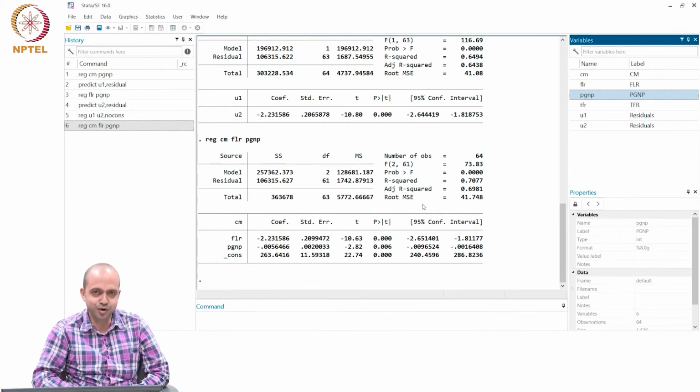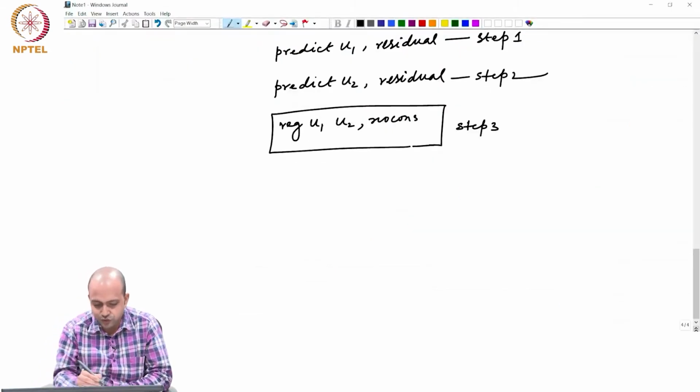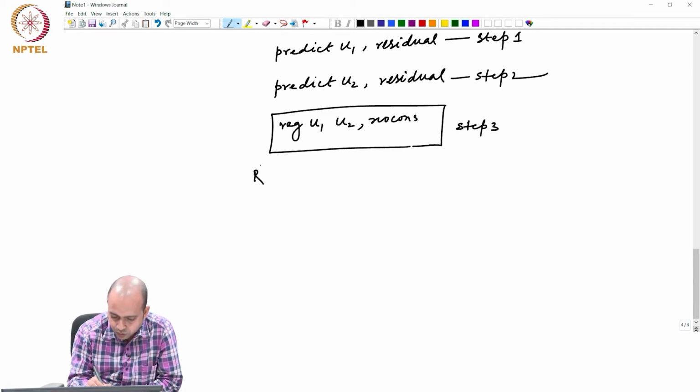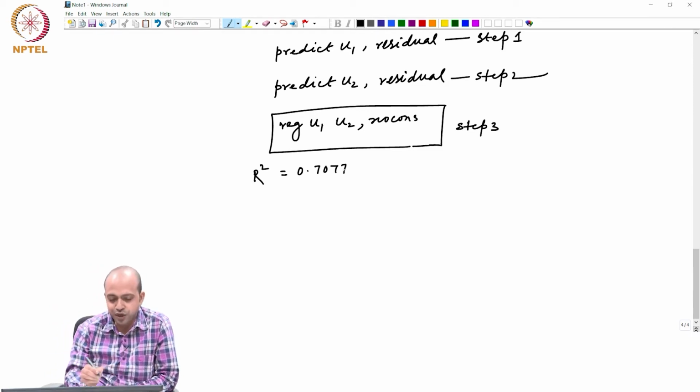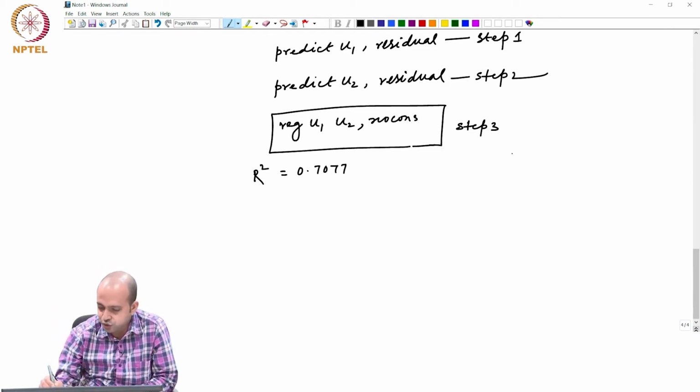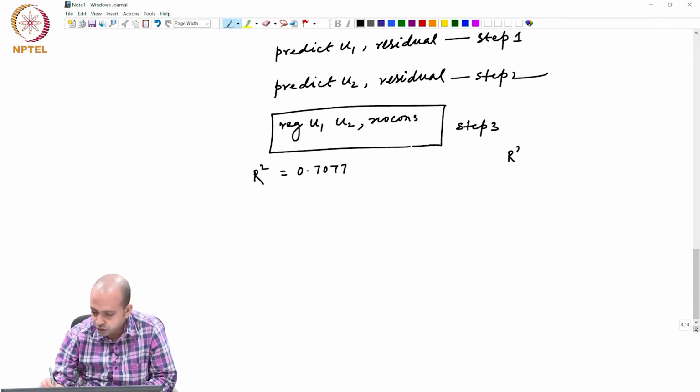Do you recall the meaning of R square? R square is 0.7077. As we defined earlier, R square is ESS by TSS.